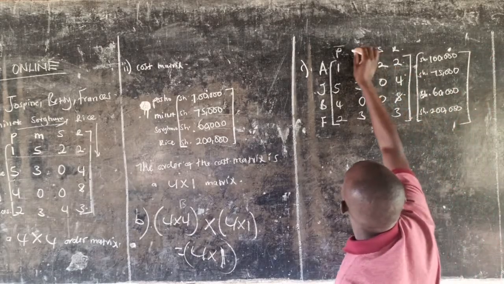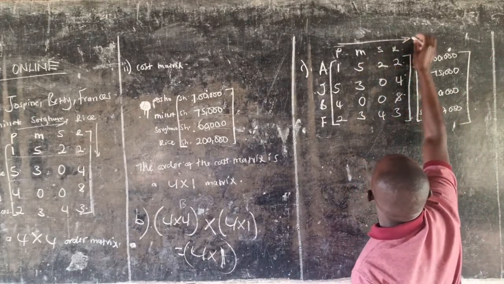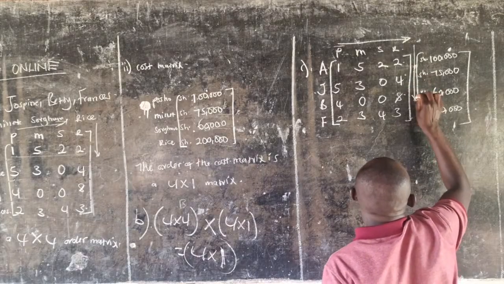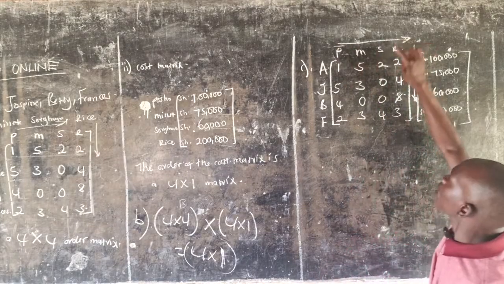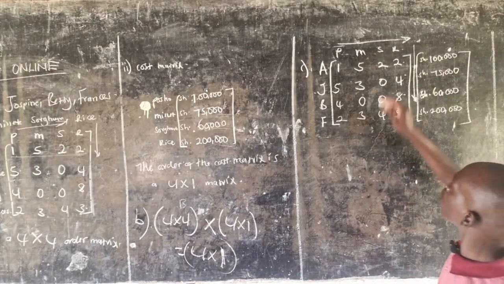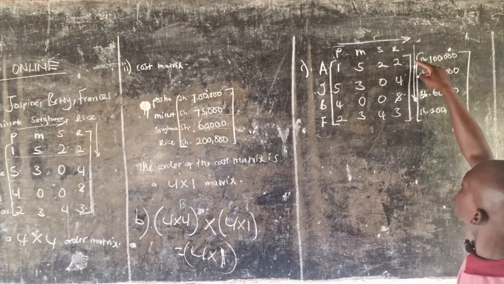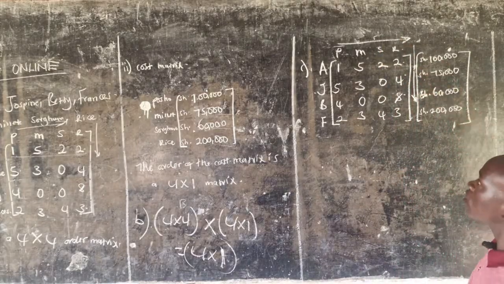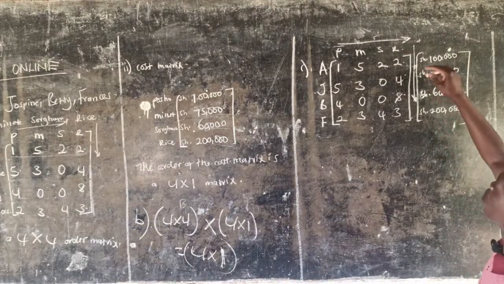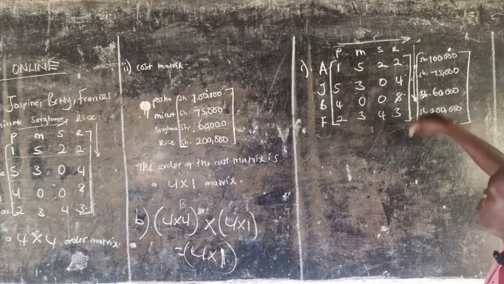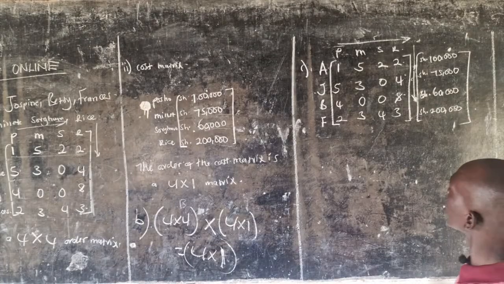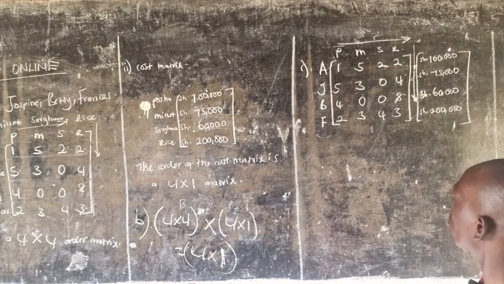So multiplication is row by column. This arrow here is showing rows, then this inverted vertical arrow is showing columns that are running vertically. Then the rows, for them, they run horizontally.